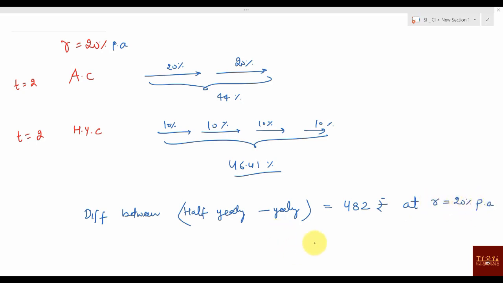Find the principal. 20%, half yearly and yearly, for how many years? Is the year given? No. Year is not given. So how can you find it when the year is not given?